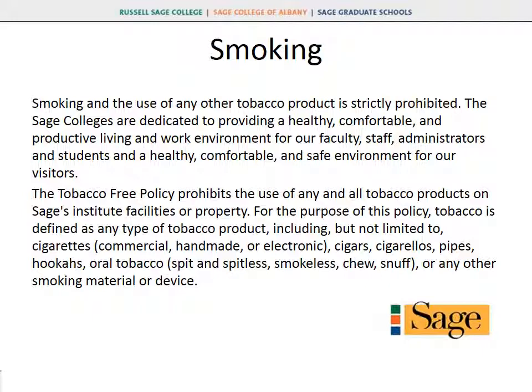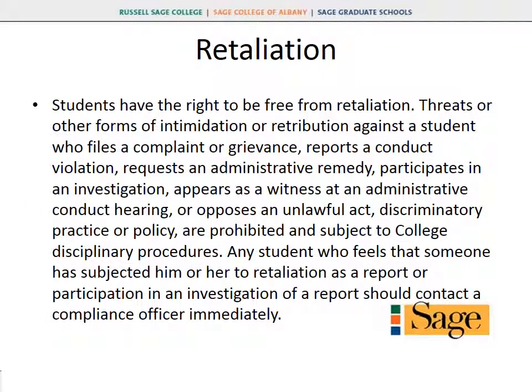For the purpose of this policy, tobacco is defined as any type of tobacco product, including, but not limited to, cigarettes, commercial, handmade, or electronic, cigars, cigarillos, pipes, hookahs, oral tobacco, both spit and spitless, smokeless, chew, and snuff, or any other smoking material or device. Retaliation.